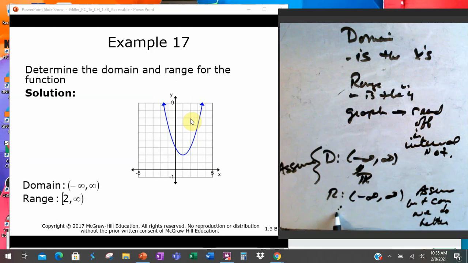So if we do better, it's 2 included all the way up to infinity. I'm basing this on, well, this looks like a 1, 2. If it starts from 2, then it's going all the way up. Okay, so that's the basics of that. We'll go through and look at some more examples and continue on.